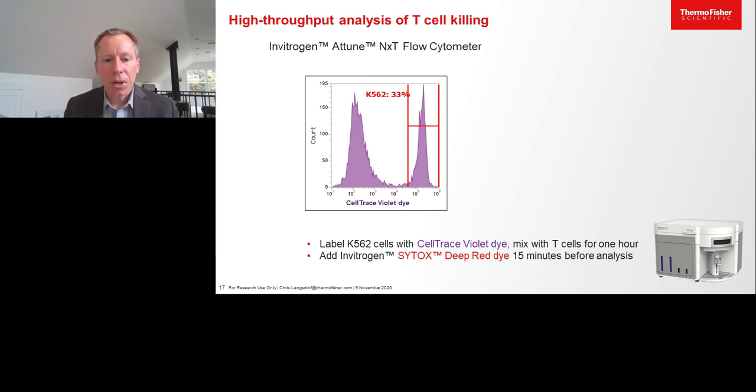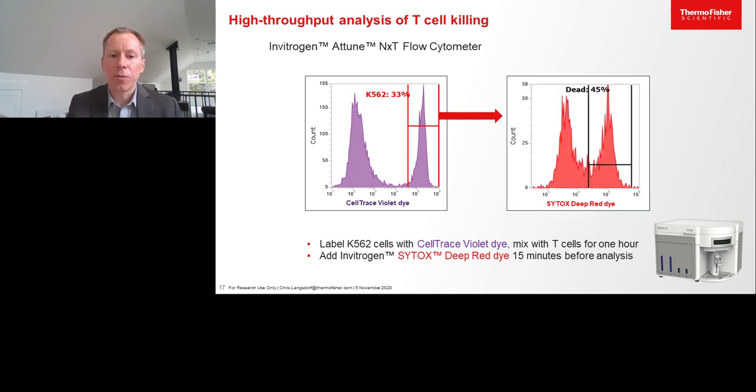In this case, we're doing the same experiment where we're labeling some K562 cells with our CellTrace Violet dye, and we'll mix them with T cells and let them sit for 1 hour. And then we'll add a viability dye called SYTOX Deep Red. This is a dye that shows up in your Cy5 channel, and it will only enter dead cells and make them show up very brightly red.